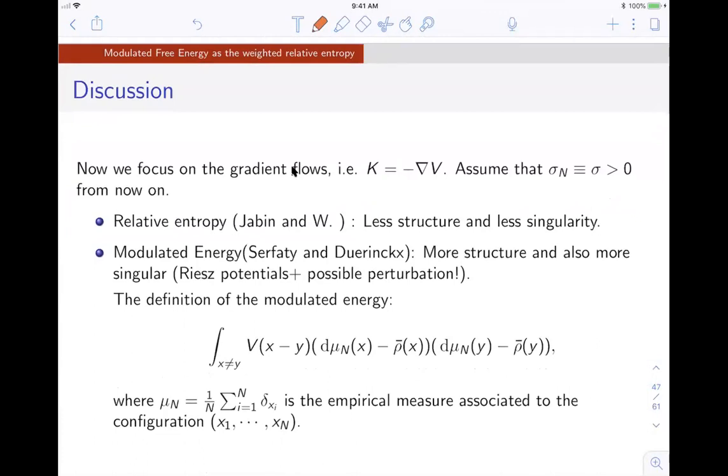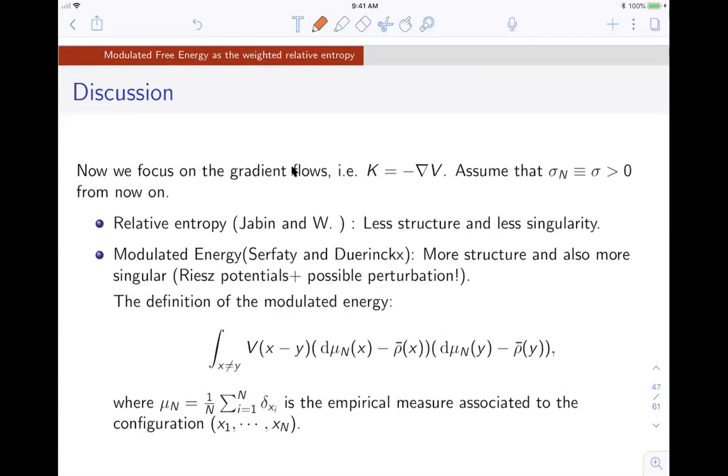So next we can start talking about Serfaty, Sabatier and Duerinckx's method using modulated potential energy in the mean field limit, and we will combine it with the relative entropy method to, in particular, study Patlak-Keller-Segel systems. But let's talk about that next week. I will stop here. If you have questions, I can answer.